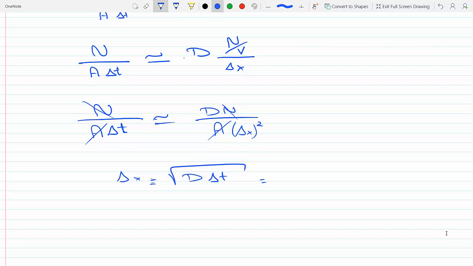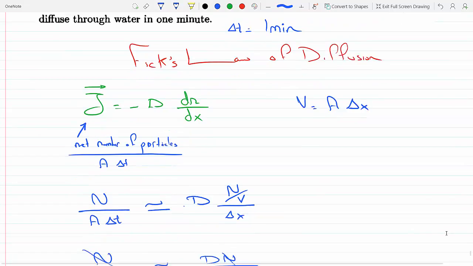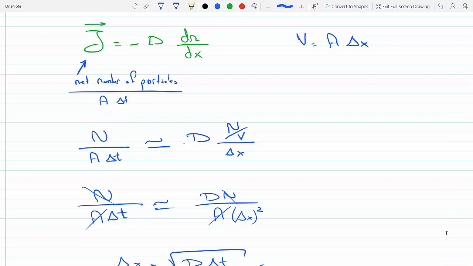He says for food molecules in water, diffusion coefficients are near 9 times 10 to the minus 9.